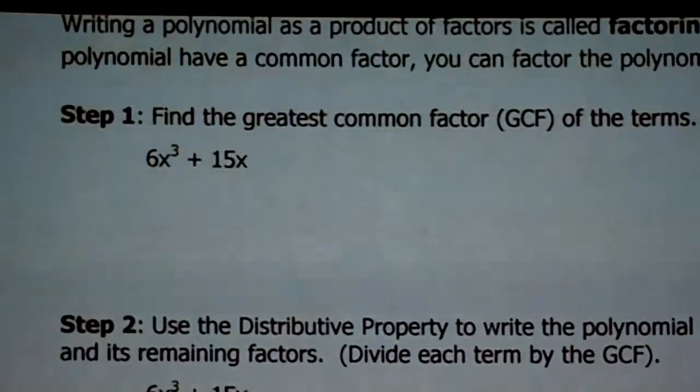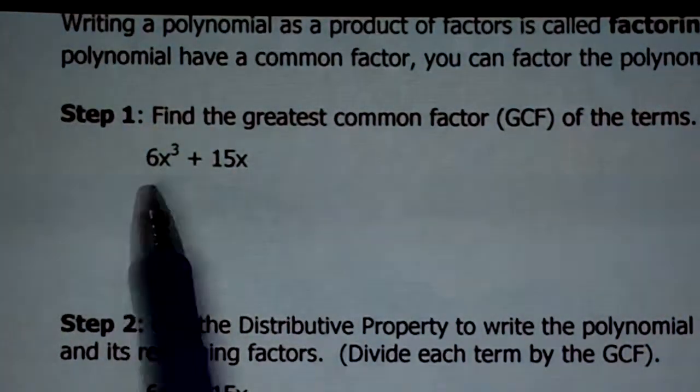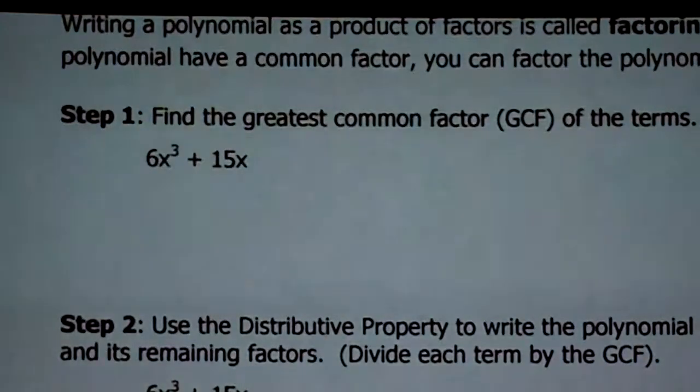I know that you are used to finding the GCF of numbers like 6 and 15, right? The greatest common factor. Or I just look at it as, what is the largest number that will divide evenly into both terms? So when I see a 6 and a 15, I know that 1 divides evenly into both, and so does 2, and so does 3, and I think 3 is the biggest number.